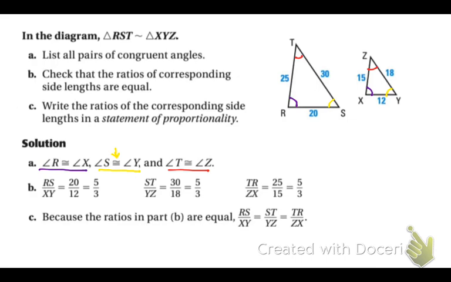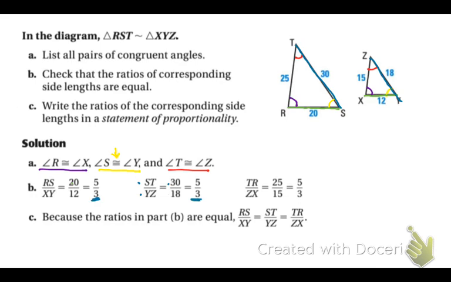Now we're going to check that the ratios of corresponding side lengths are equal. So here we have RS compared to XY. We can tell that's 20 over 12, which is equal to 5/3. Now, ST over YZ, and their ratio is 30 over 18, which is also equal to 5/3.